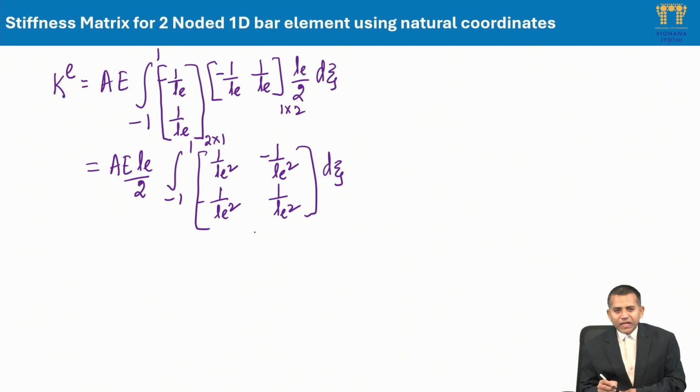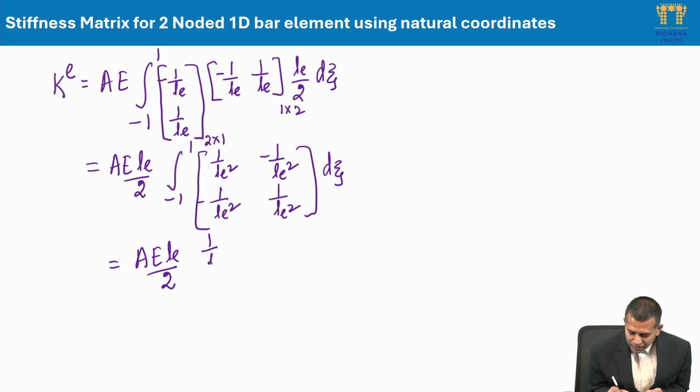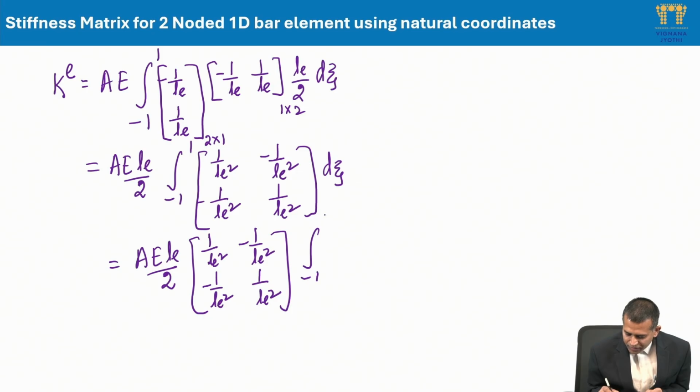Since again this is a constant matrix, we can take it out: AE LE by 2 and the matrix 1 by LE square, minus 1 by LE square, minus 1 by LE square, 1 by LE square. So you will have the integral from minus 1 to 1 of d zeta.